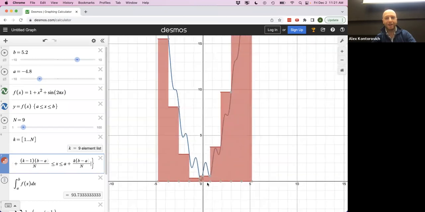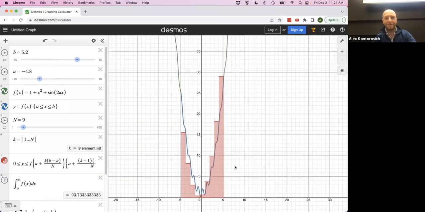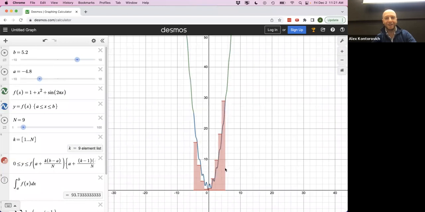Okay, and I think that is literally what we wanted. So a is negative 4.8 over here, and b is 5.2 over here. This is just the left endpoints, which sometimes are under the curve, sometimes above the curve. So it's neither an over nor underestimate.